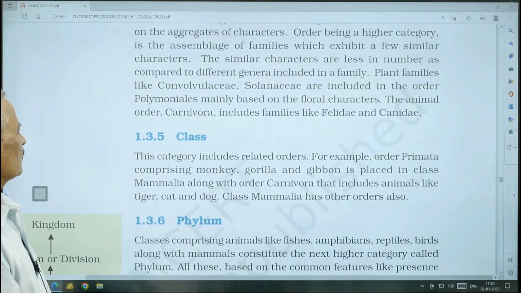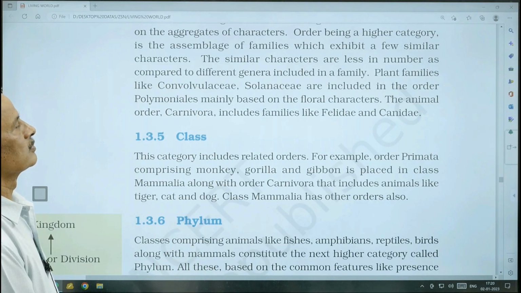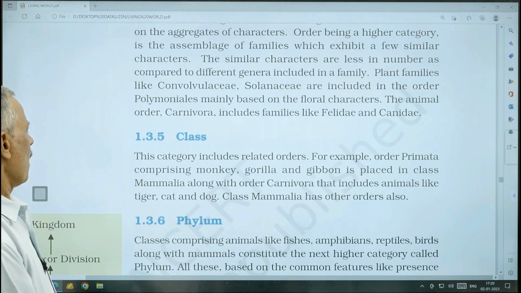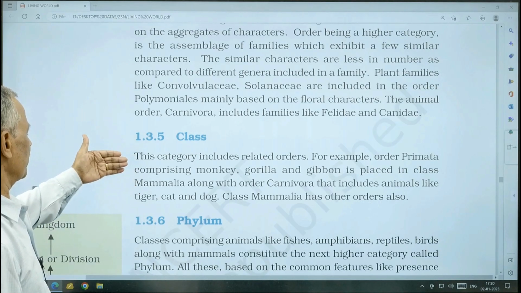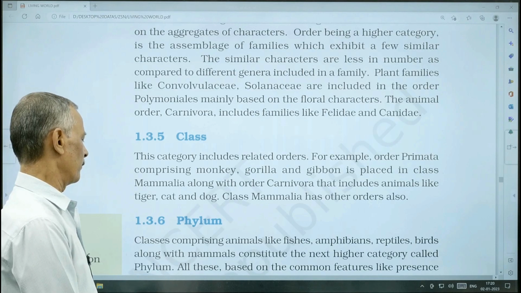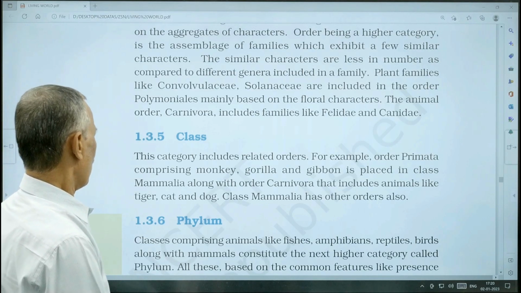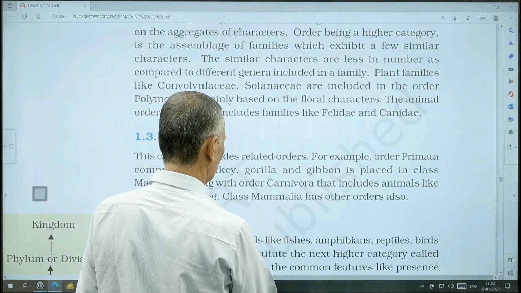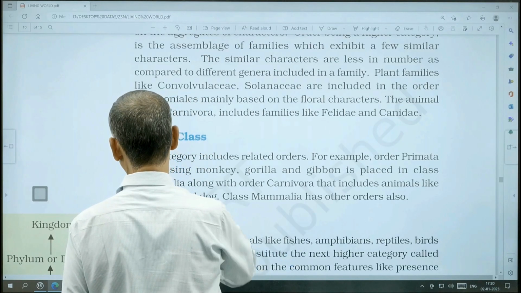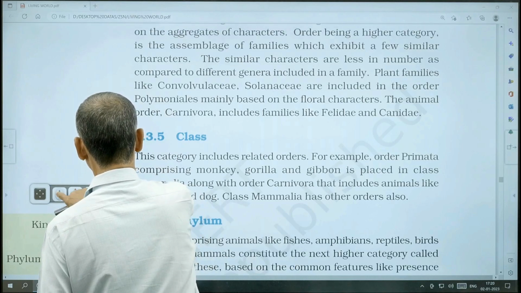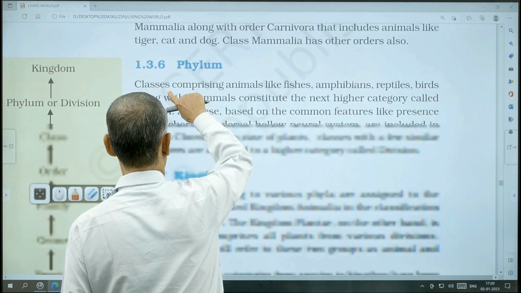And classes comprising similar organisms are put under the next higher category called phylum. All this is based upon common features. It is based upon these common features that we put them together.